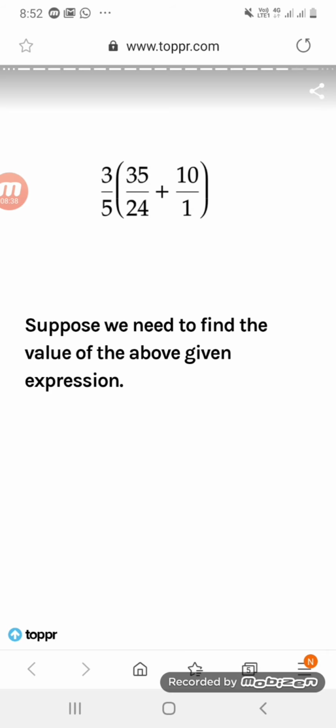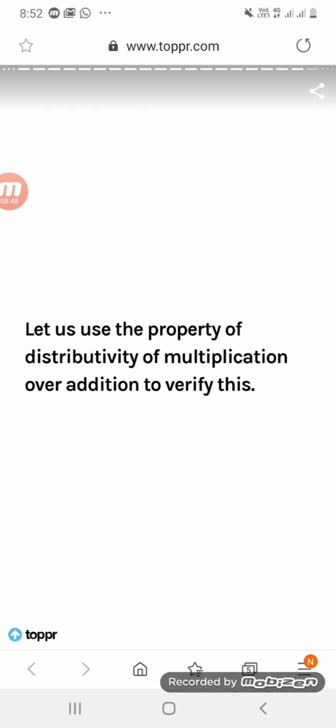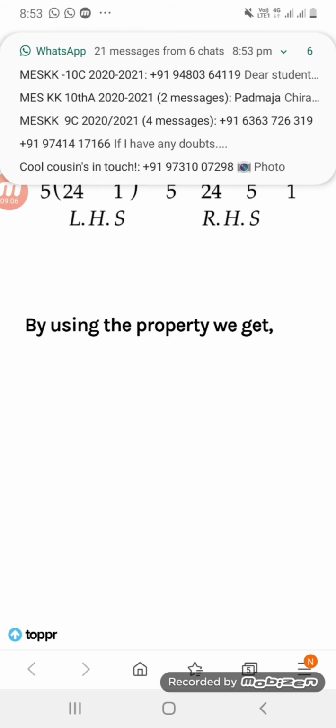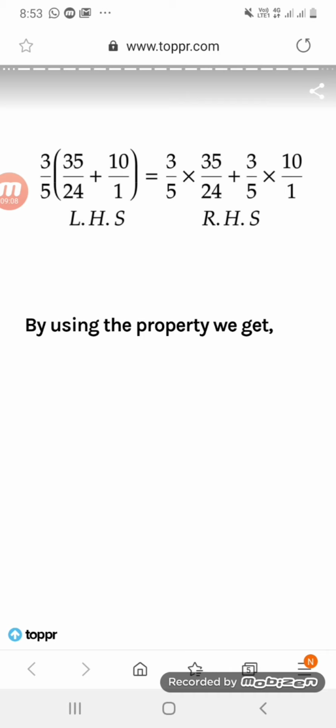Suppose we need to find the value of the given expression, that is 3 by 5 into (35 by 24 plus 10 by 1). So let us use the distributive property of multiplication over addition and verify this. So LHS will be 3 by 5 into (35 by 24 plus 10 by 1), which is equal to 3 by 5 into 35 by 24 plus 3 by 5 into 10 by 1.